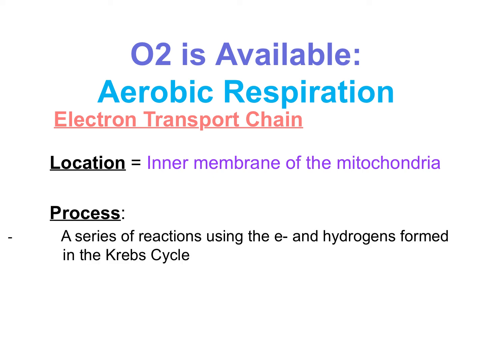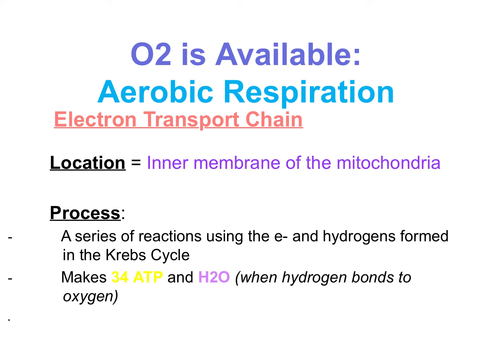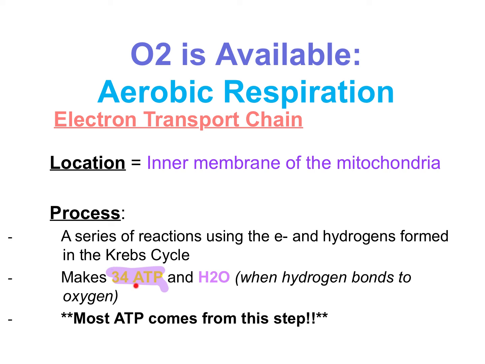And so what's happening here is, again, it's a series of reactions, and we're using the electrons and the hydrogen that we just made in the Krebs cycle, and we're going to use those to make more ATP. So 34 ATP and water, because we're going to bind the hydrogen that we have with the oxygen that we took in. And this is a really big number, 34 ATP. Most of the ATP that we make in total is coming from this step.